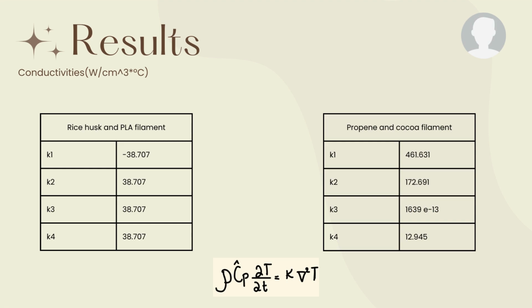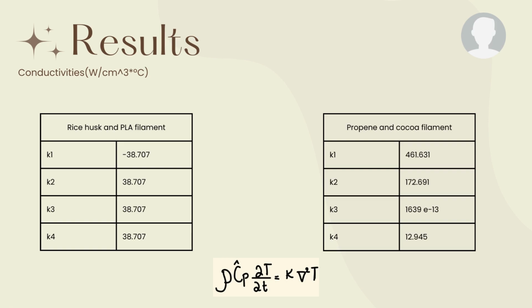In the rice husk and PLA filament, the first part was minus 338.707 watts over cubic centimeter Celsius degree. In parts 2, 3, and 4 it was 38.707 watts over cubic centimeter Celsius degree.